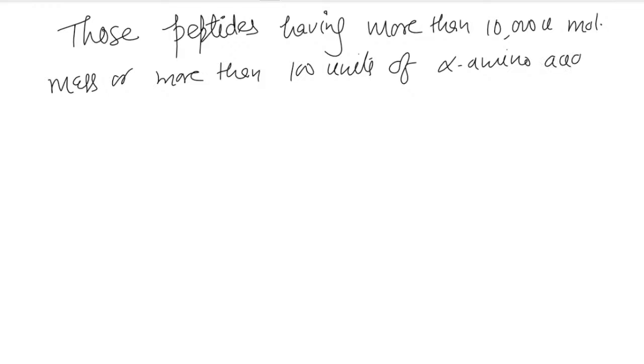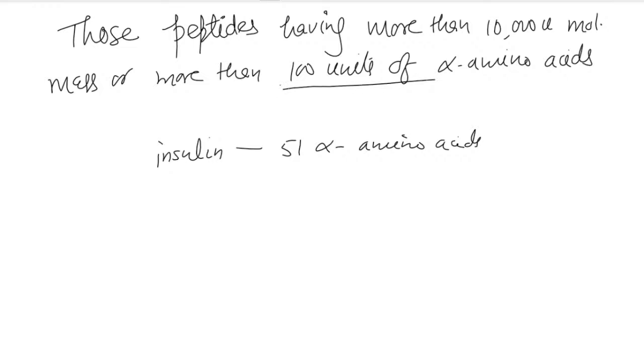Like insulin. Insulin has only 51 units. Insulin is an exception to the rule. It has only 51 alpha amino acids. So in most of the cases it has more than 100 units of alpha amino acids. So those are called proteins.